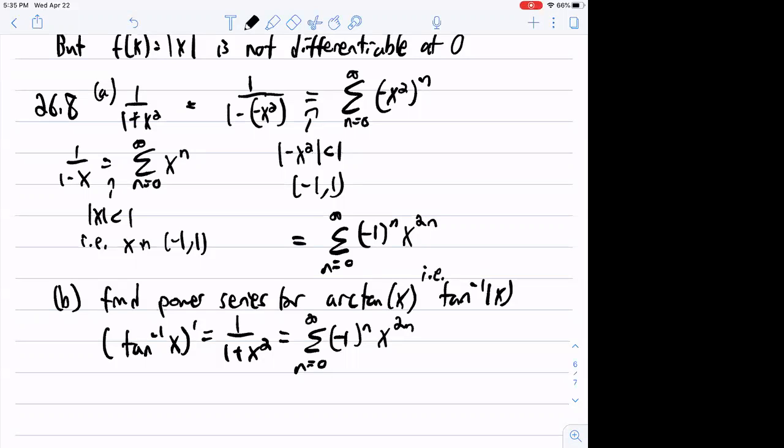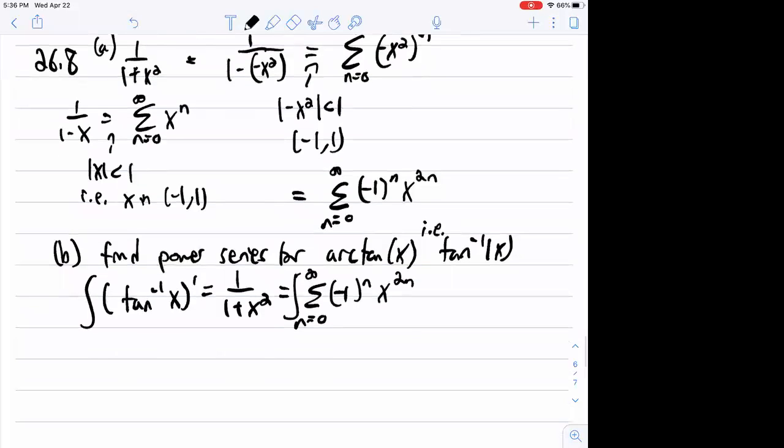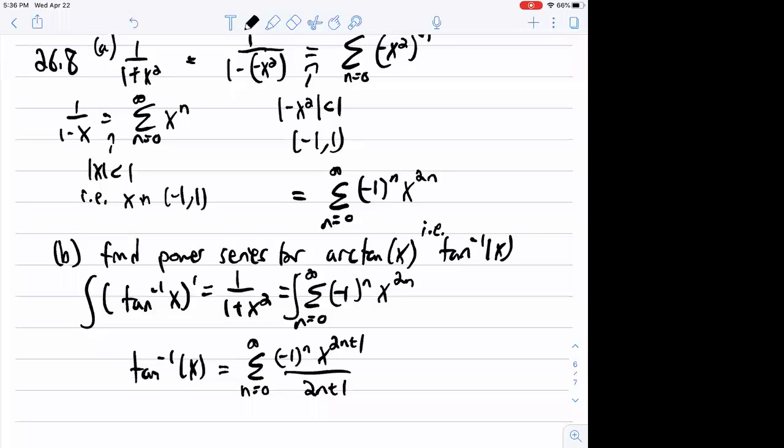I have the power series for the derivative of arctan, so integrate both sides, again with dx. Here I get arctan equal to the sum from n equals 0 to infinity of negative 1 to the n x to the 2n plus 1 over 2n plus 1. Again, this is on negative 1 to 1.